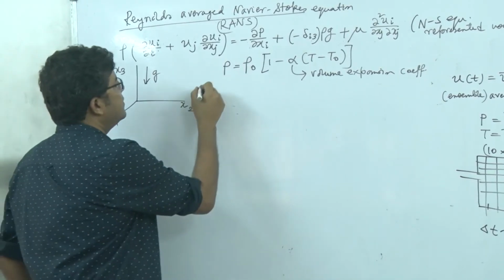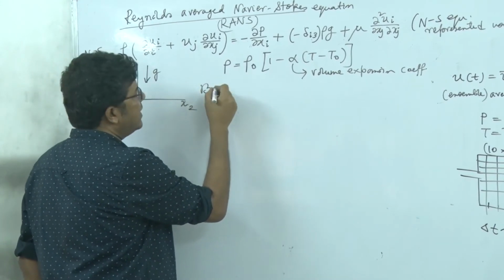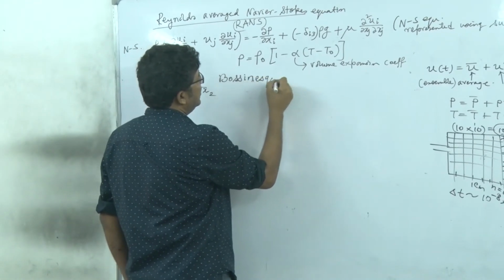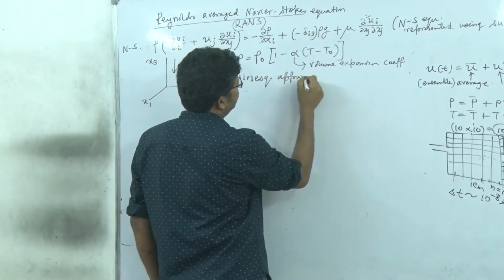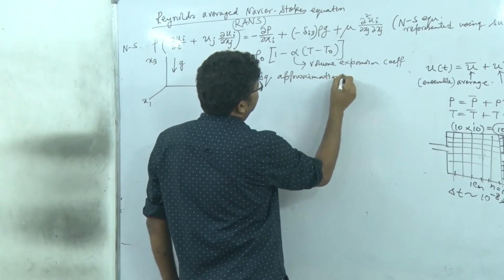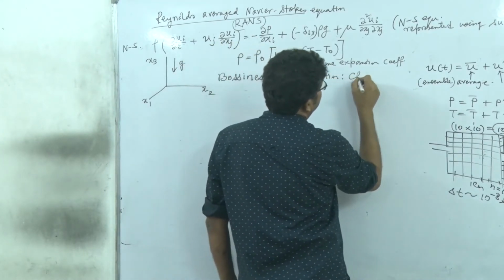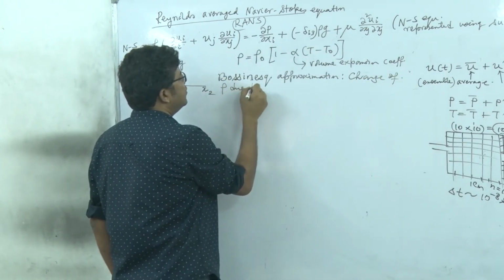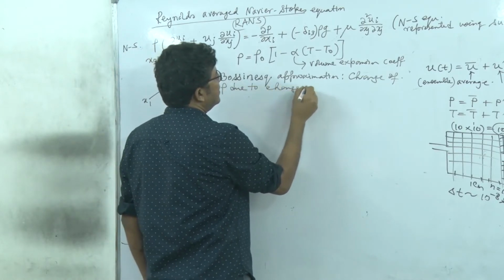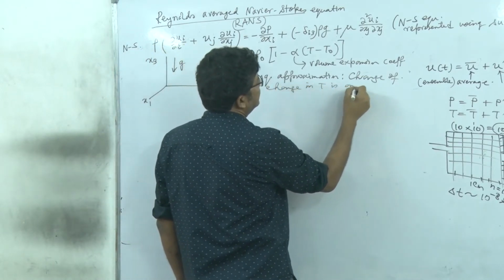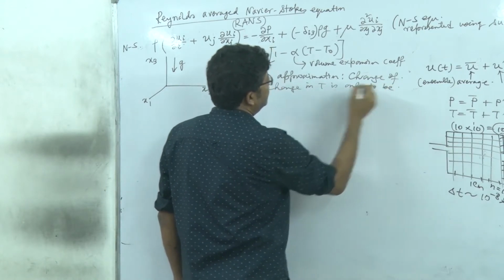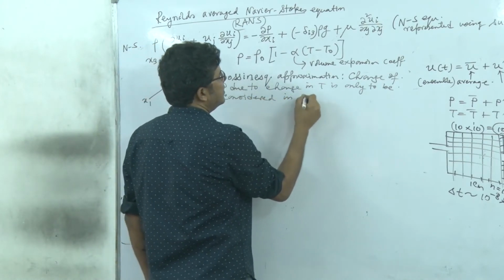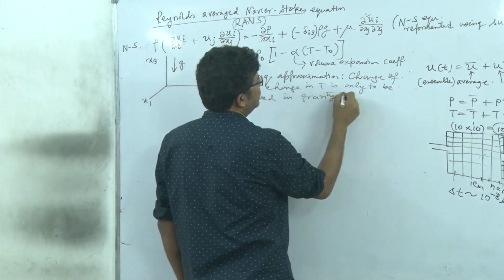What is that approximation? That is the Boussinesq approximation, which states that the change of rho due to change in temperature is only to be considered in the gravity term.